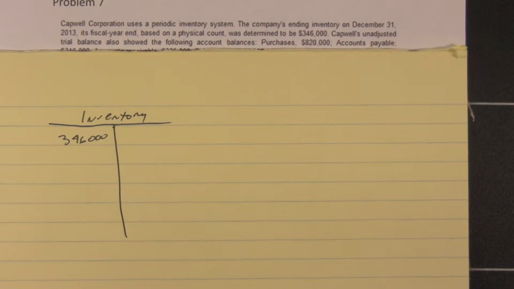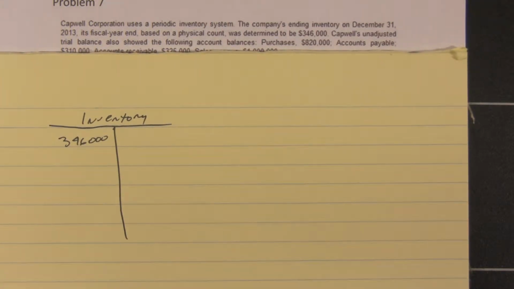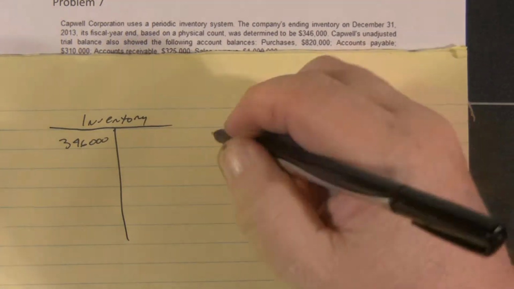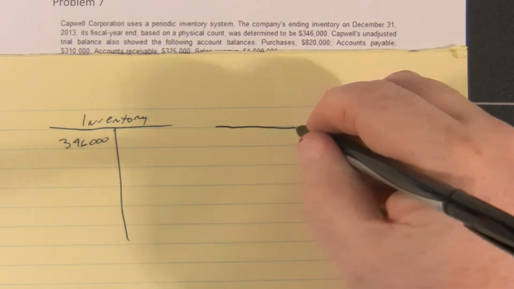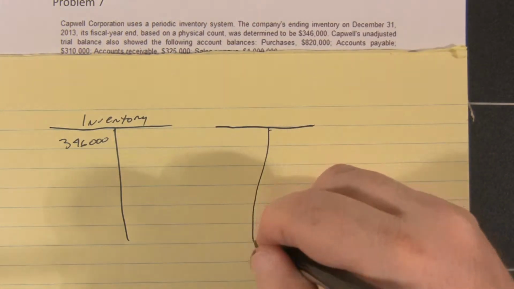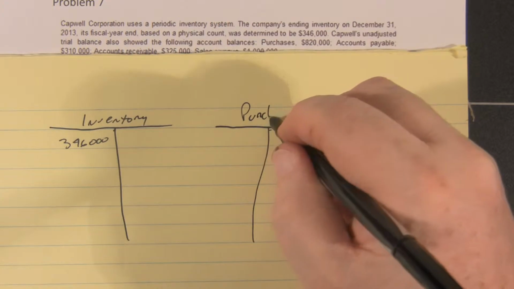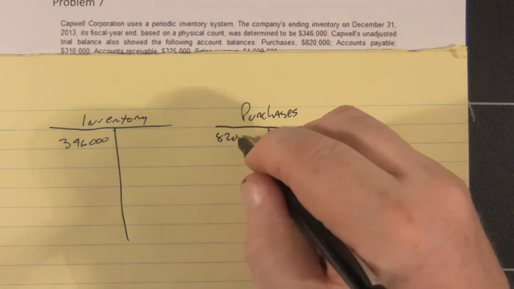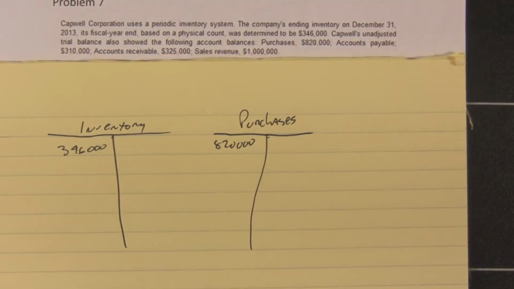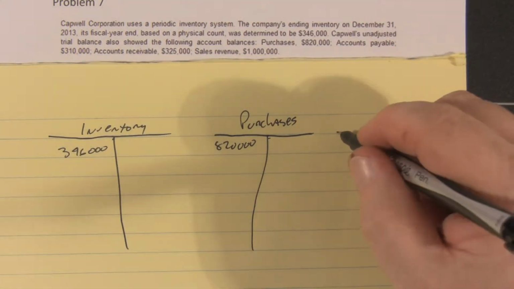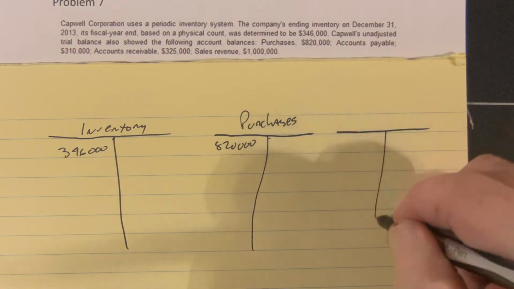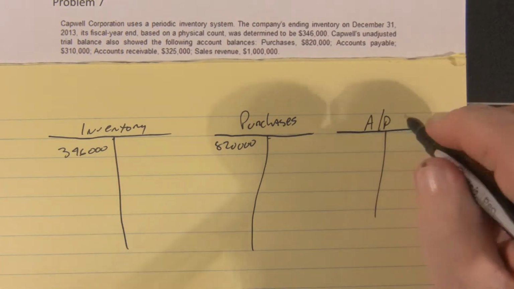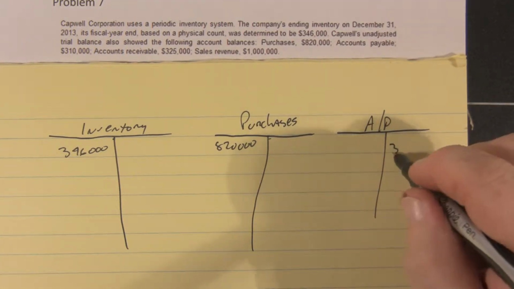Their unadjusted trial balance showed the following account balances. Purchases, $820,000. Well, I'm guessing since they're giving us this information we're going to need it, so I'll write it down. Accounts payable, $310,000.